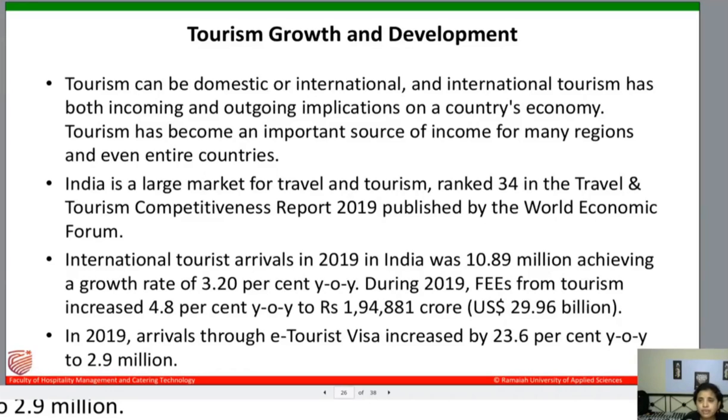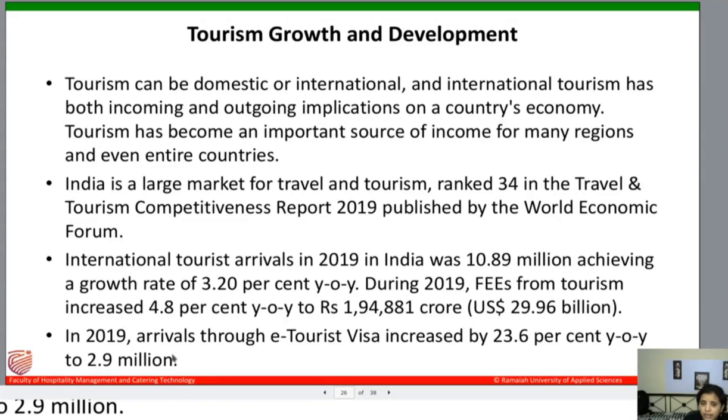Whatever statistics were forecasted by UNWTO, the United Nations World Tourism Organization, for 2020 and 2021, I would say that the data has fallen 20 to 50% below what was forecasted. Here we can see foreign exchange earnings, FEE, from tourism.